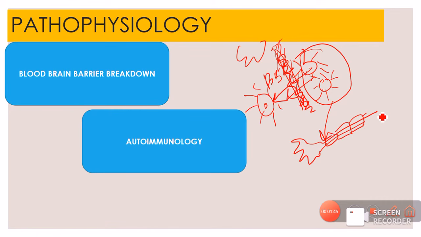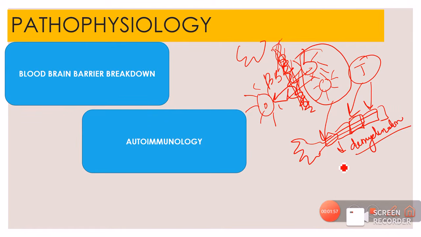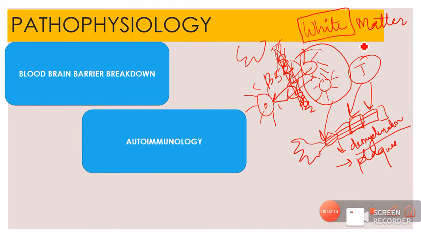They cause demyelination, and in the process they lead to demyelinating plaque formation. This process of demyelination particularly affects our white matter. Why? Because most of the axons are located in the white matter of the brain, and therefore these T cells go into the white matter and destroy the oligodendrocytes.